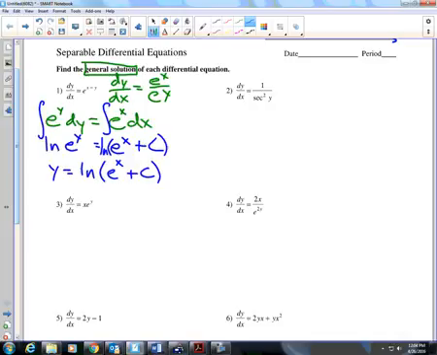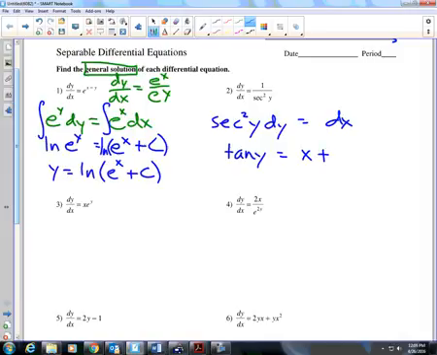I cross multiply. Secant squared of y dy is equal to dx. What is the antiderivative of secant squared? Oh, come on. We tested on this many times. Tangent, thank you. Tangent of y is equal to, and what's the antiderivative of 1?